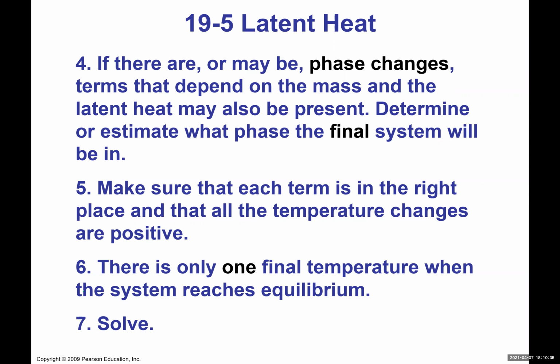Okay, make sure that every term is accounted for, every type of energy accounted for. Is it changing temperature, changing phase, and all of those things. Okay, and a lot of times, if you leave all the objects within your system in contact for a very long time, there's going to be one final temperature for all of them. That means they will all eventually reach thermal equilibrium. So then we can use that to solve either that temperature or other things that are unknown for the problem.